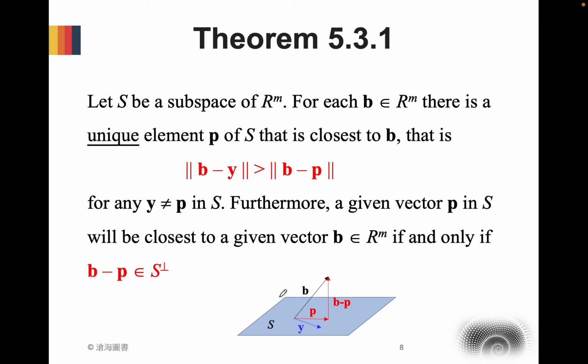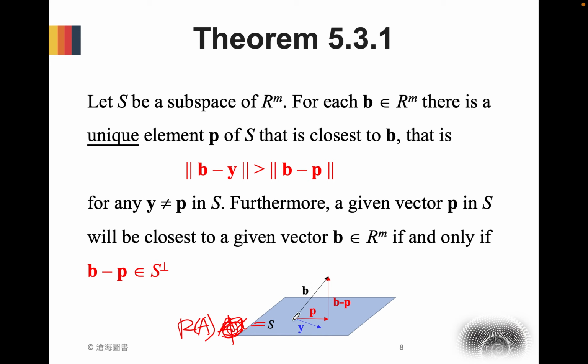Okay, so here is an illustration. The subspace S is a subspace of R^m, and actually this is Ax. It's the column space of the matrix A. Now the vector b is not in the column space S, so there is no solution for this linear system, right?